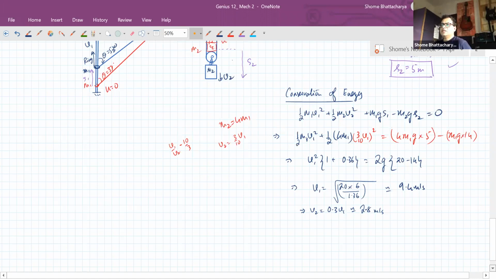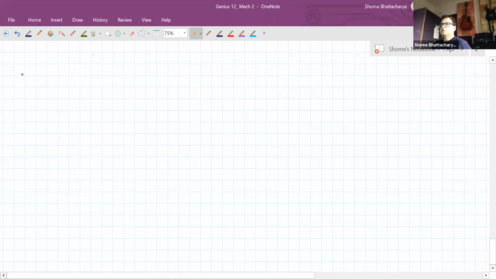Okay, so moving on to more examples of application of the virtual power constraint relation.